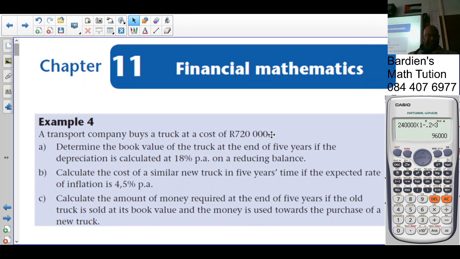Right, so we're looking at example 4, and this is on page 391. Page 391, example 4.